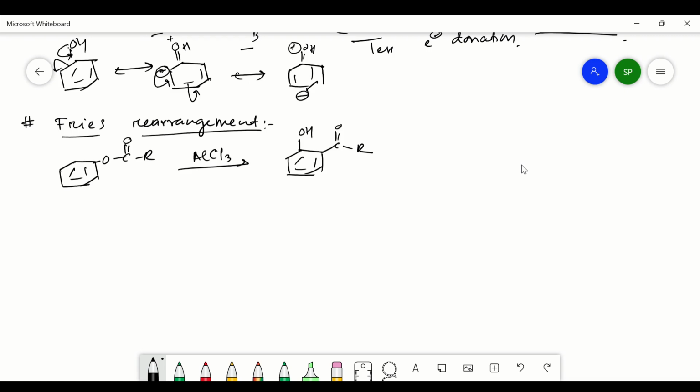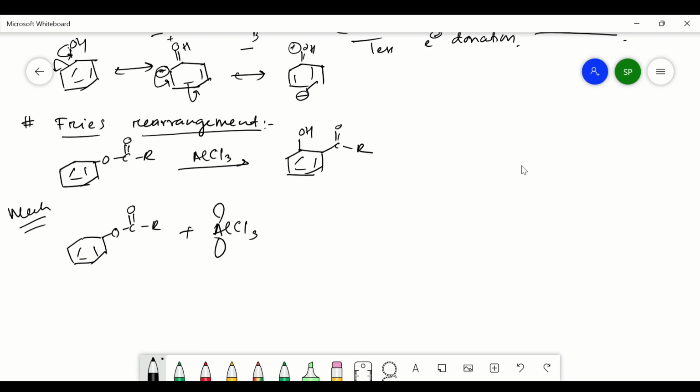Okay, so if you see the mechanism, the first step, we know that AlCl3 is a Lewis acid, that means AlCl3 has a vacant p orbital. Okay, so due to the presence of this vacant p orbital, it should accept electrons.